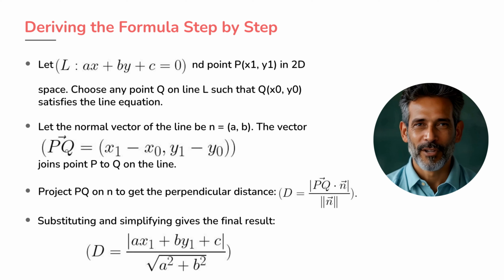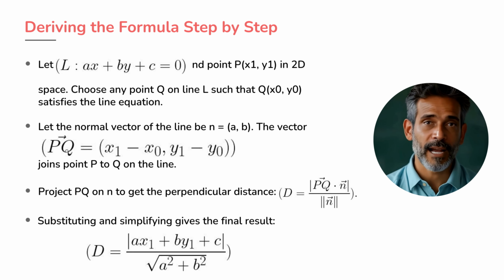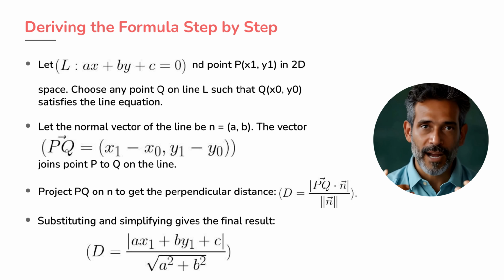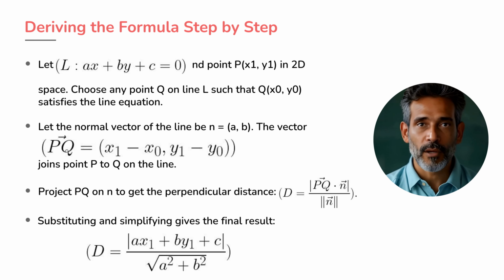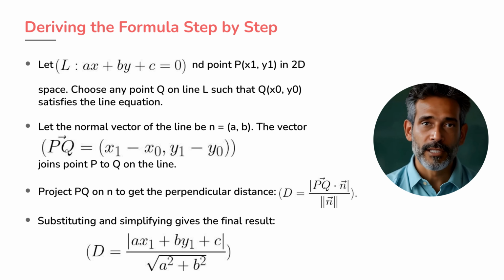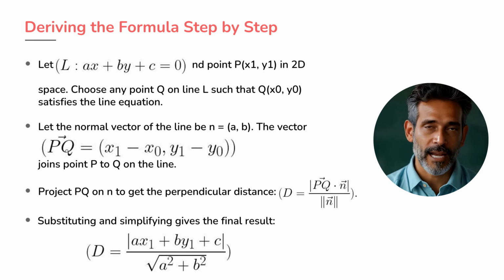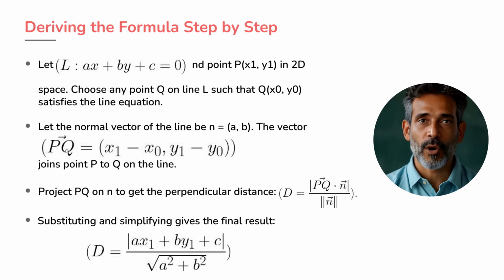The normal vector of the line is n = (a, b). The vector from P to Q is written as PQ = (x1 - x0, y1 - y0). Next, project the vector PQ onto the normal vector n to get the perpendicular distance. That gives d equals the absolute value of PQ dot n divided by the magnitude of n.